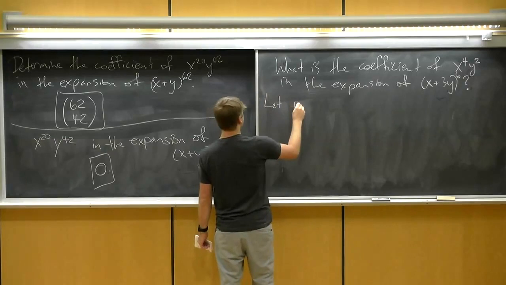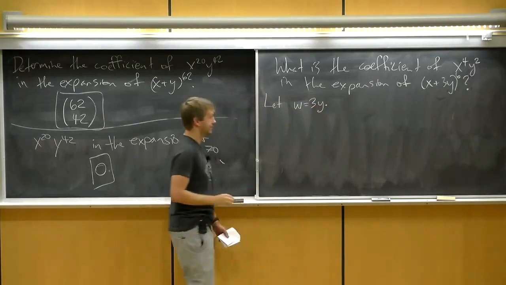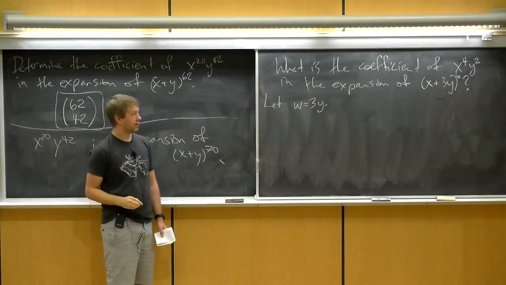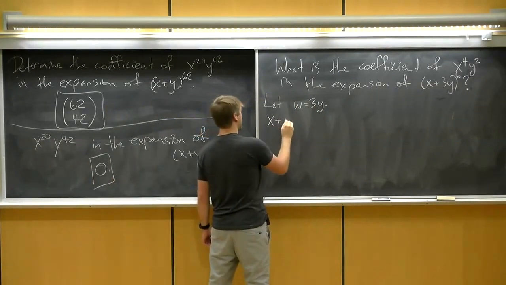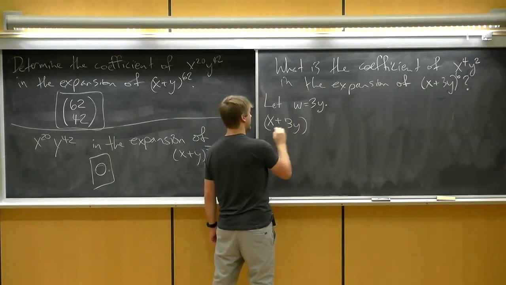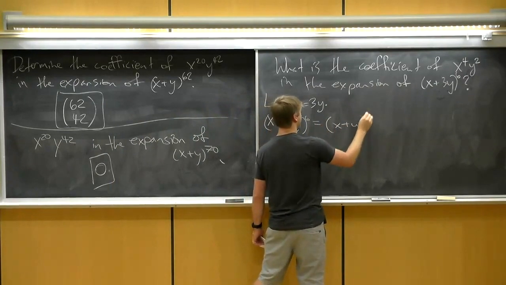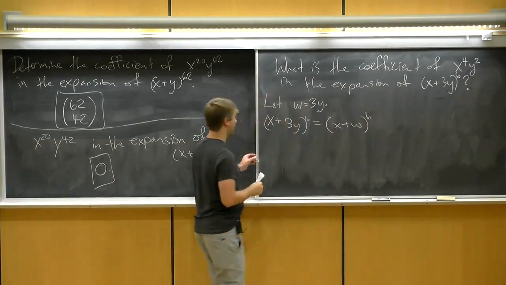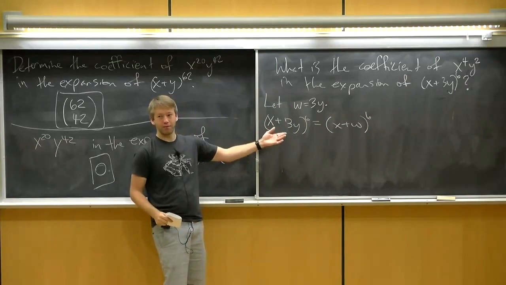So let's say I just let w be equal to 3y. Then x plus 3y to the 6 is x plus w to the 6, right? Because I can substitute w in for 3y.